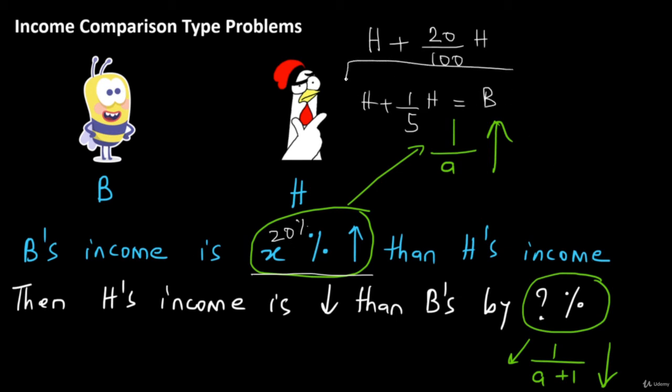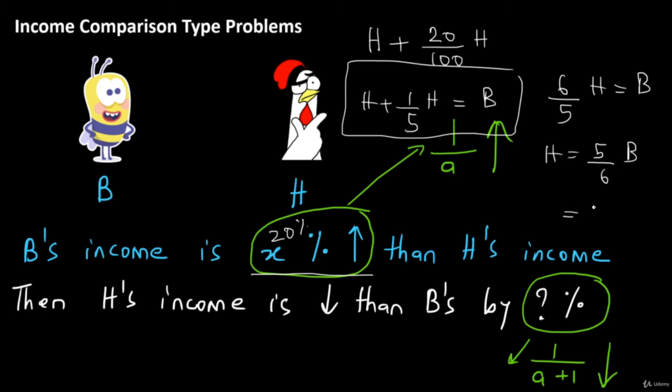Now, if this is true, I can simplify this as 6 by 5 h is equal to b, or I can say that h is equal to 5 by 6 b, or this is the same as 1 minus 1 by 6 b, right? So if there is an increase by 1 by 5, there has to be a decrease by 1 by 6.